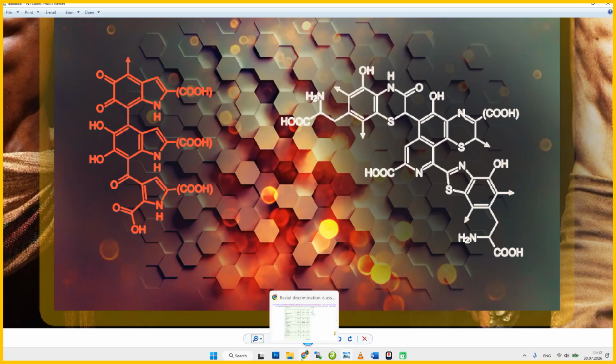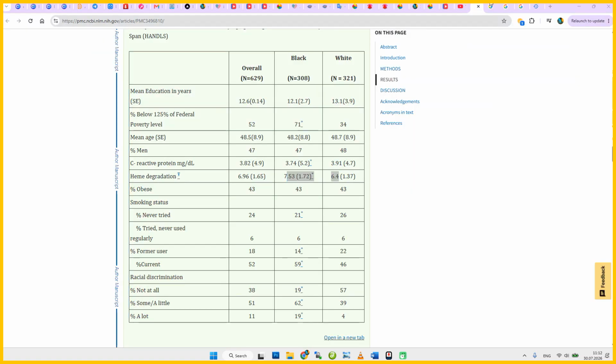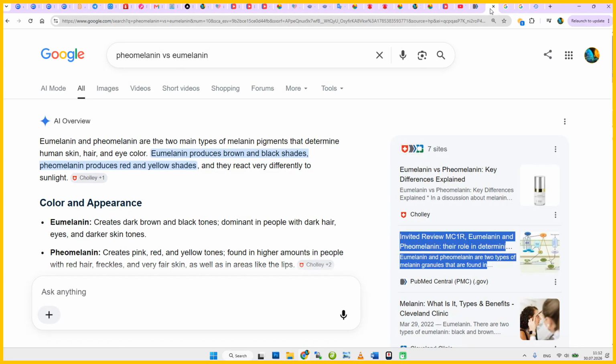What is that? Pheomelanin versus eumelanin are two main types of melanin pigments that determine human skin, hair, and eye color. And that's all, right? Not correct.